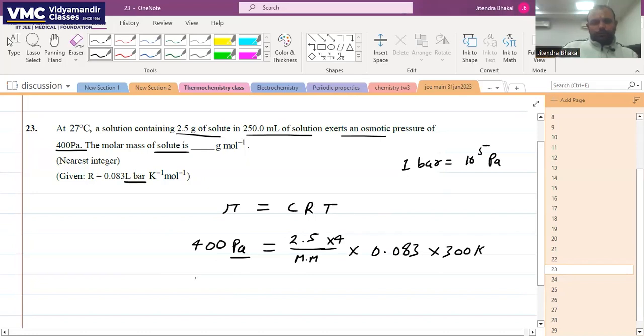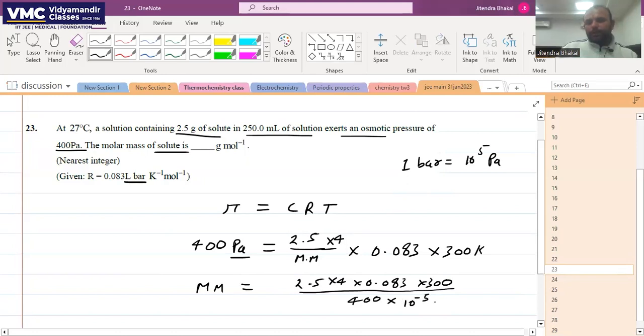So we have molar mass is equals to 2.5 into 4, 0.083 into 300 divided by 400 into 10 raised to power minus 5. Now this is in bar.